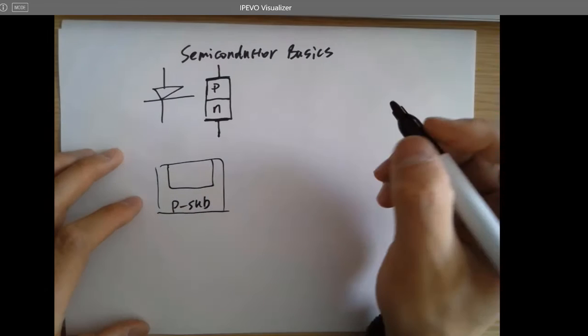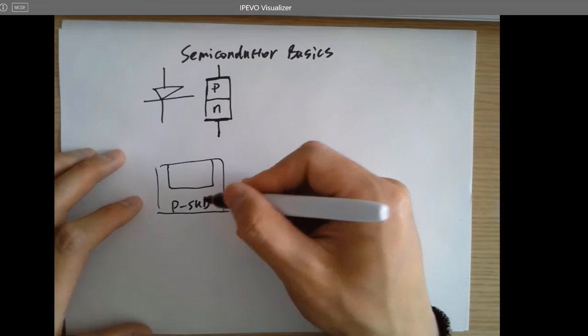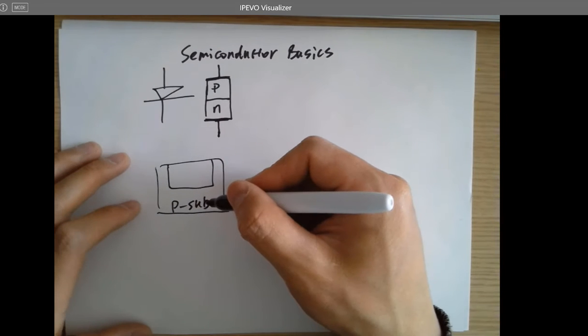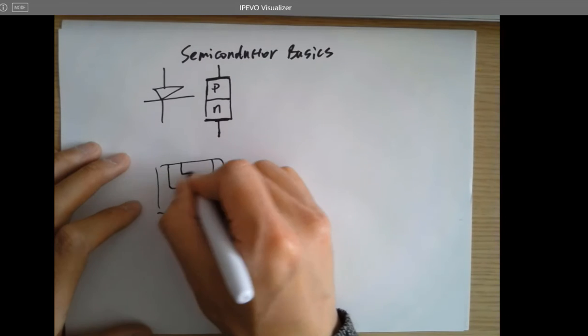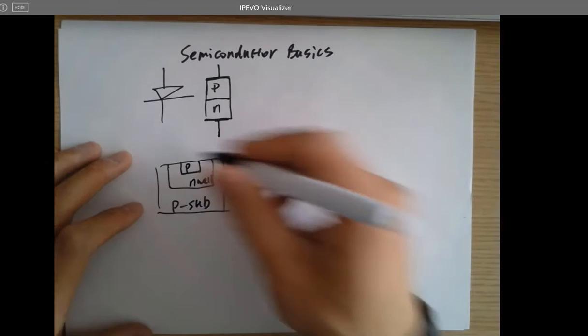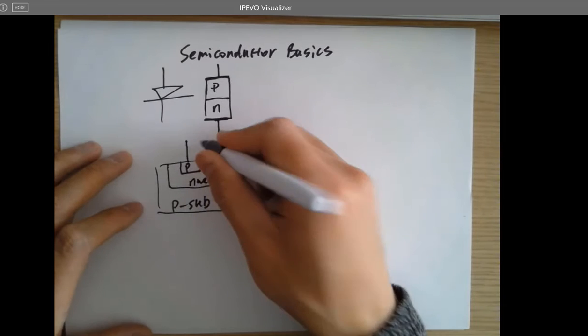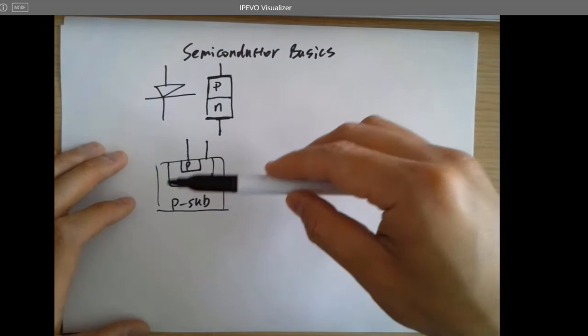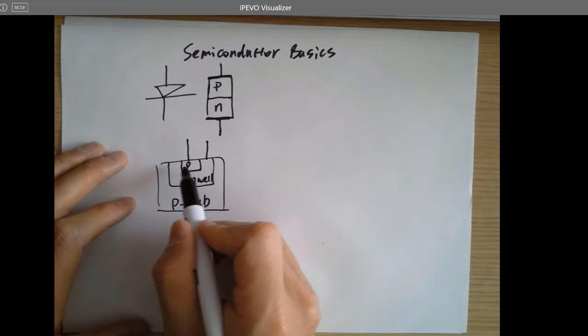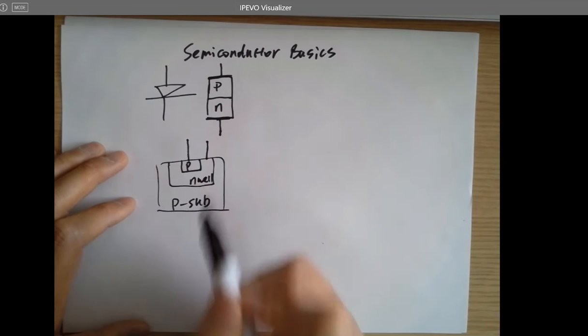You probably still remember what a P substrate is from logic, hopefully. And this is NWell. And here you have a P-type material. And you make this connection. This is a cross-sectional view, right? And it's going to form a diode like this.